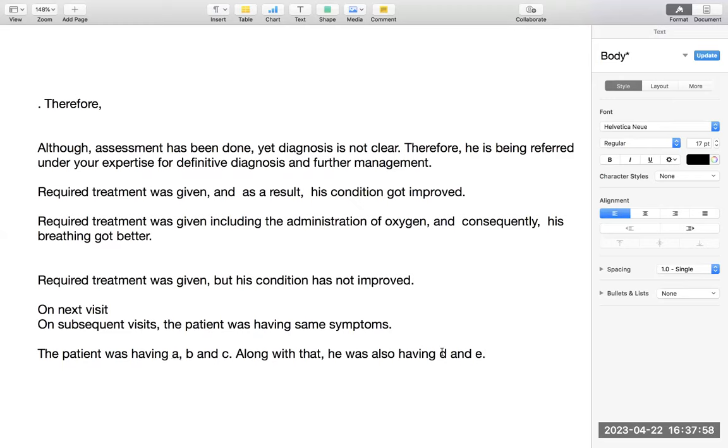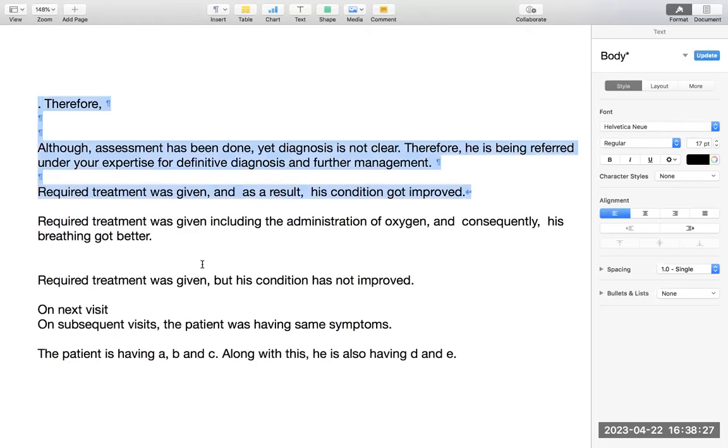Along with that, he was also having vomiting and this. After a full stop, always use along with that. If it is present, like today's visit, today the patient is having this, then you replace that with this. So along with this, he is also having this. That is the only difference between that and this. That is past, this is present.